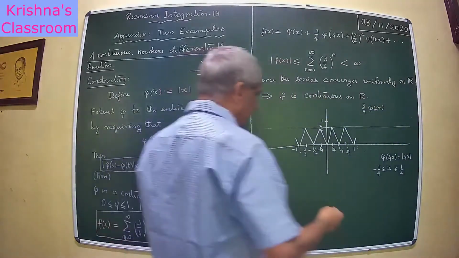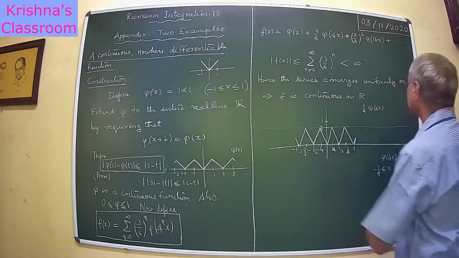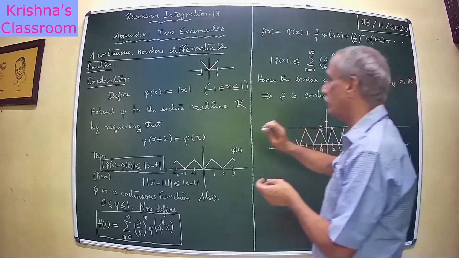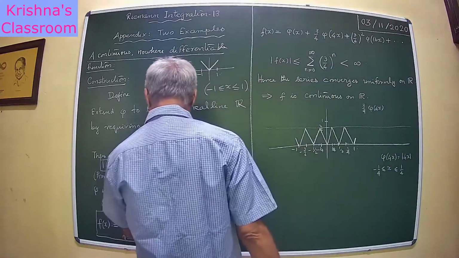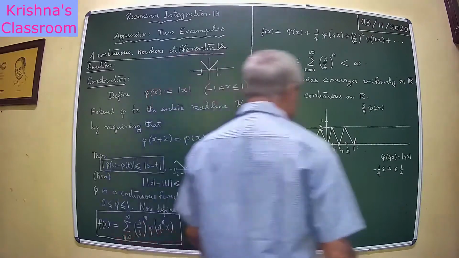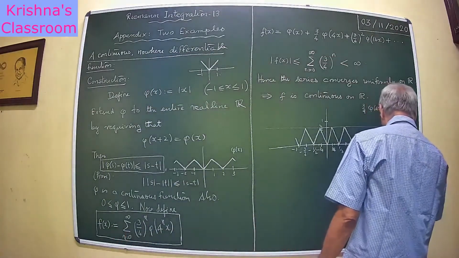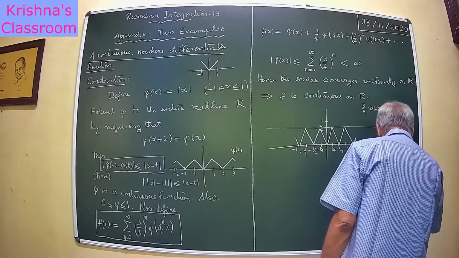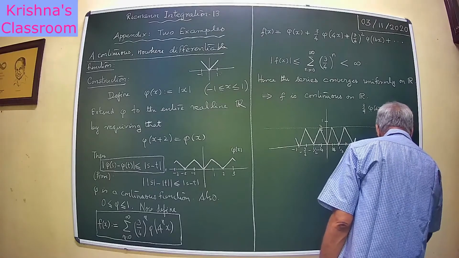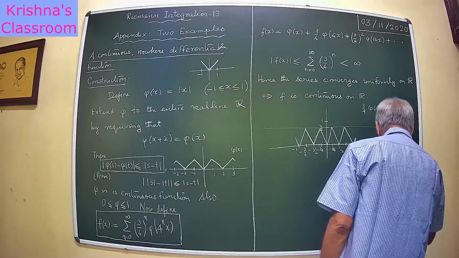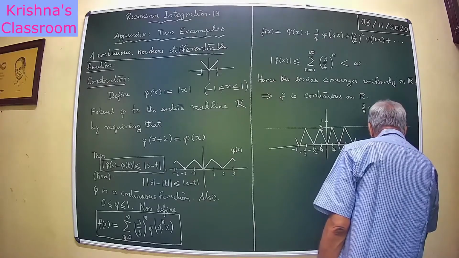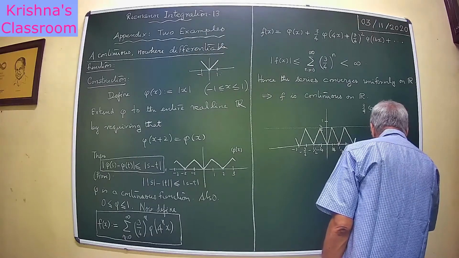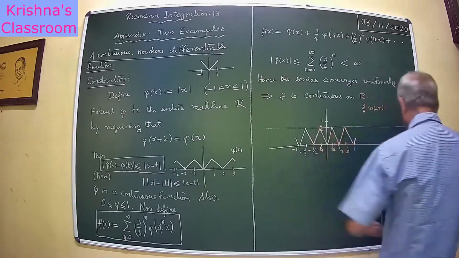So what happens is that as n increases, you have this function 3 by 4 to the power n phi of 4 to the power n x, which will be something like this. Very sharp. Even within one interval of length 2, you will have so many oscillations.